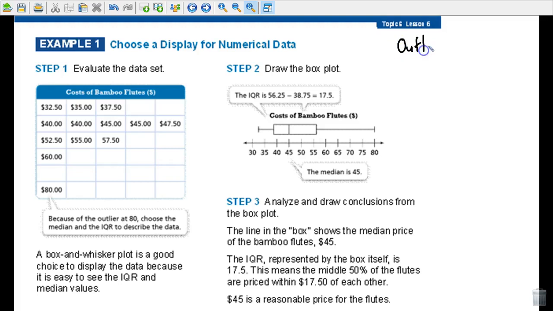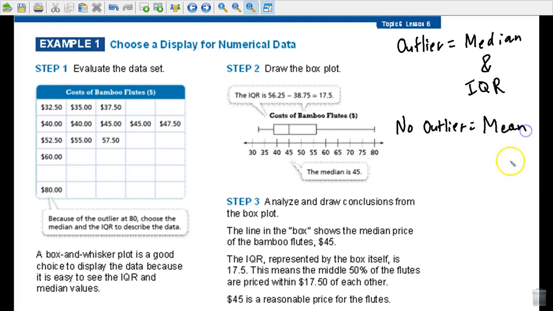Outlier equals you do median and IQR. No outlier is mean and range.